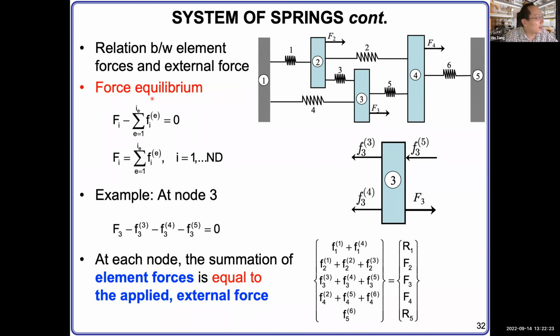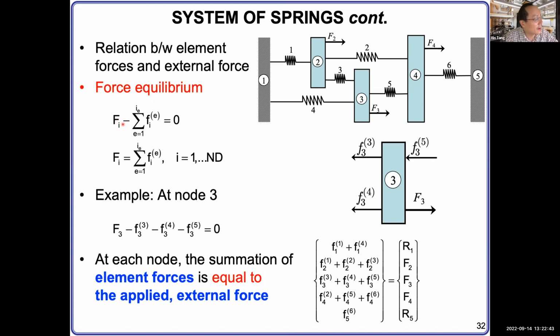So here, for each node, say node i, we can write it in that format. We can write the external force applied to a node plus the minus of all the force generated in the springs.